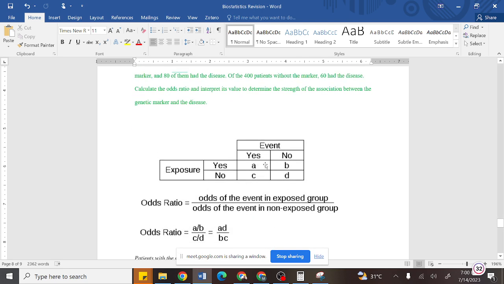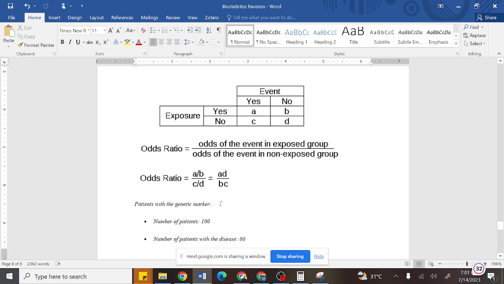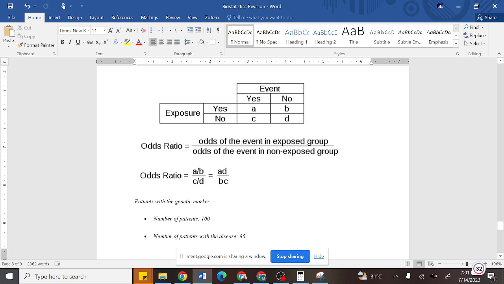So you have your A, your B, your C, your D. You put your A times D. You already have your table there. So this one times that, and then B times C. When you divide that, you get the answer.